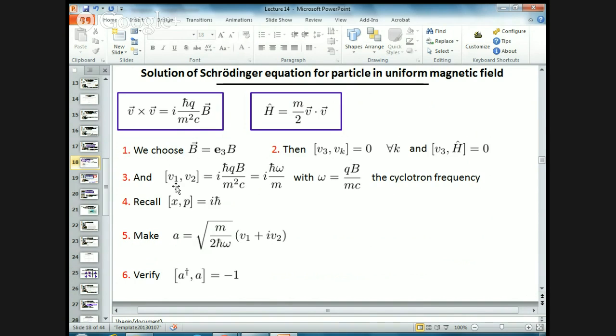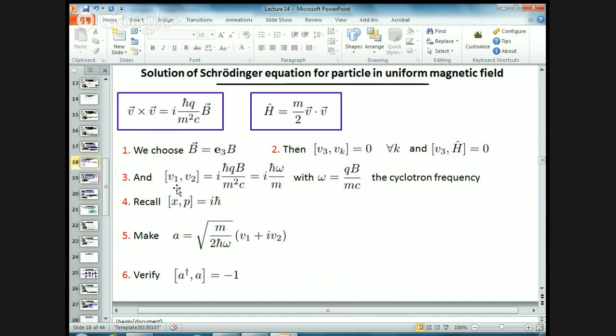Okay, so now we're left with just one commutator, v1 and v2, and I've written it this way. Does this look familiar, h bar omega? It does to me. Omega is often called the cyclotron frequency. So the commutator of v1 and v2 is i h bar omega over m. Okay, well now wait a minute.